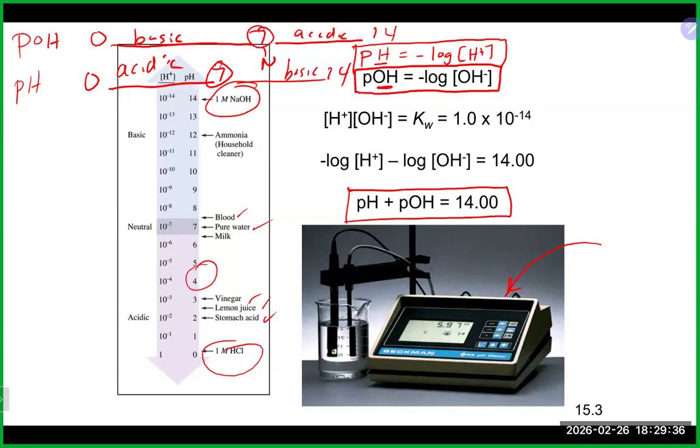Now, why would people do that? Perhaps for the same solution, say it's acidic and basic, the reason is they calculate the pH and go, cool, it's above 7, it's basic. Then they calculate the pOH and go, cool, it's below 7, it's acidic. And now this one solution is both things at the same time, which it cannot be.